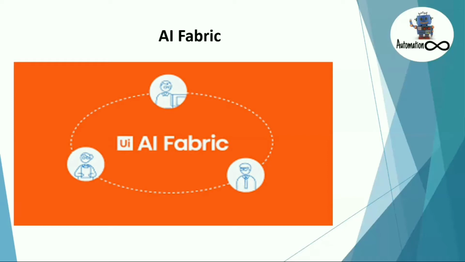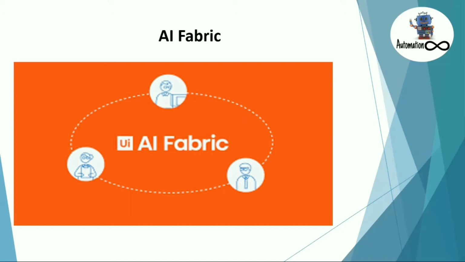AI Fabric is a machine learning platform that connects data scientists, RPA developers, and business users, where data scientists can build, deploy, manage, and improve data models. And the RPA developer selects the appropriate model according to the business need and invokes it in the workflow. In short, AI Fabric is a platform where we can execute RPA processes with intelligence. To use AI Fabric, first we need to enable it.